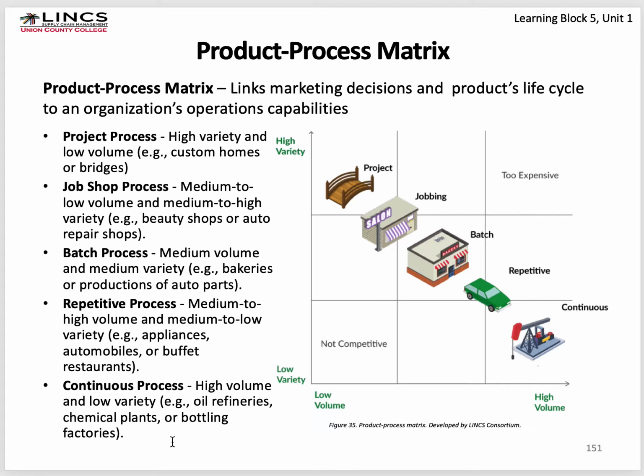So as opposed to build to order, build to stock, or build to inventory. And a continuous process is high volume and low variety. Oil refineries, chemical. You can even produce bar soap in a continuous process these days, where you're just constantly feeding in the raw crude oil and refining it on an ongoing basis.